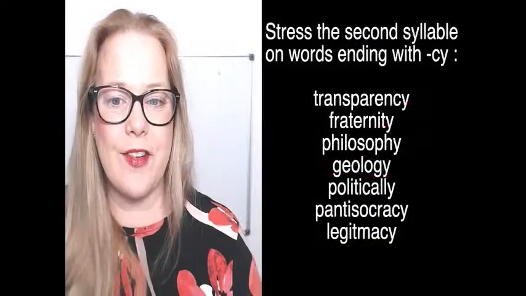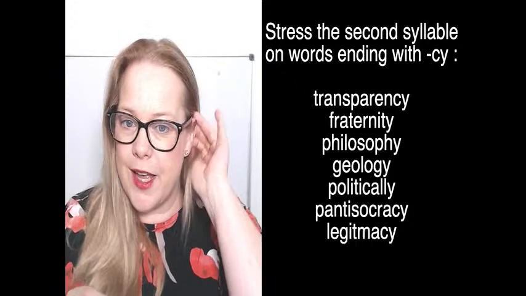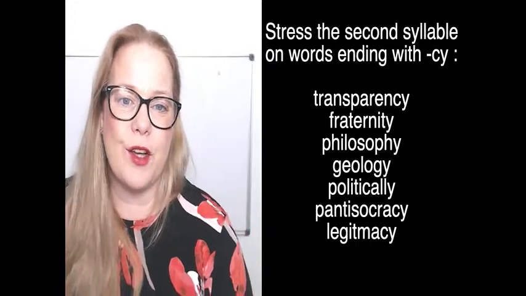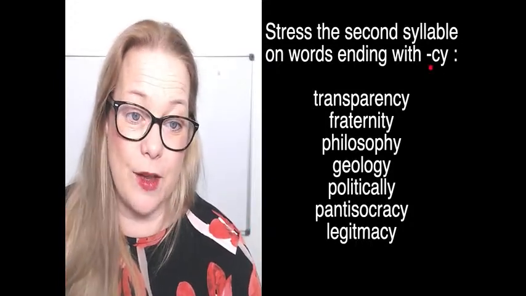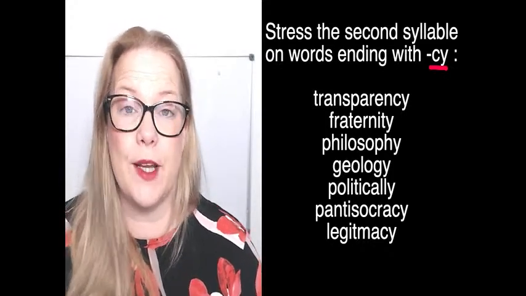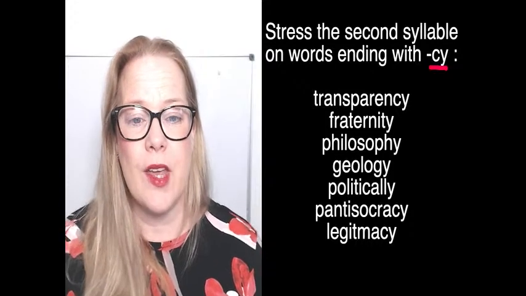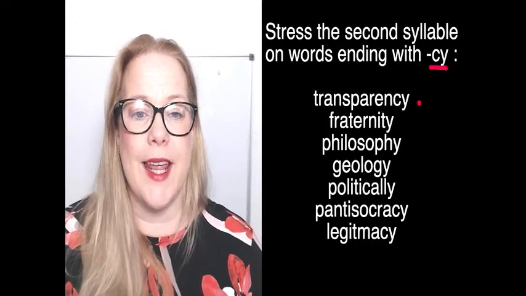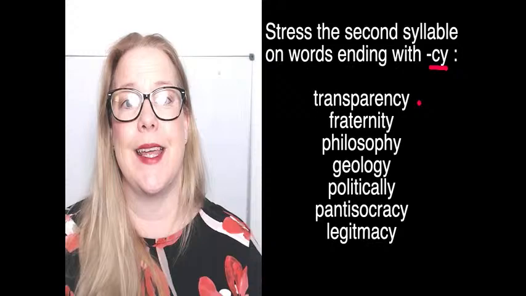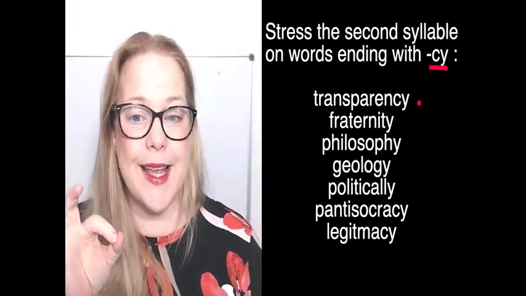So let's have a look at some of these difficult words. Today we're going to look at words that end with -cy, and tomorrow we're going to be looking at words that end with -tion. The first one is transparency, and really look at my mouth when I'm saying these words.